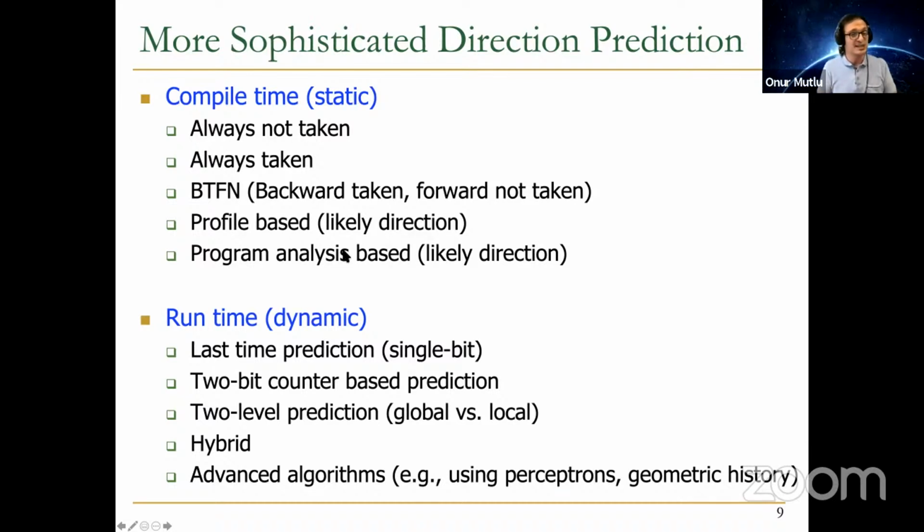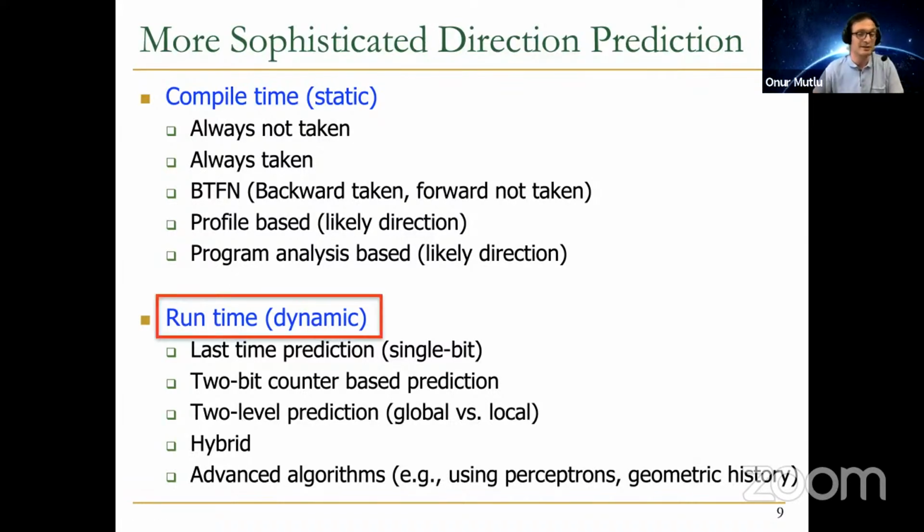But if the branch is 50% taken and 50% not taken, these mechanisms do not do well because you have only a single bit to encode the information, and you cannot get more information to actually change that bit, unless you have a dynamic compiler, as we discussed last time, but that comes with other overheads.